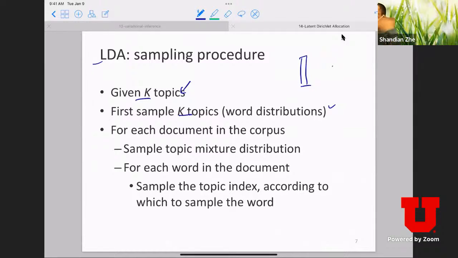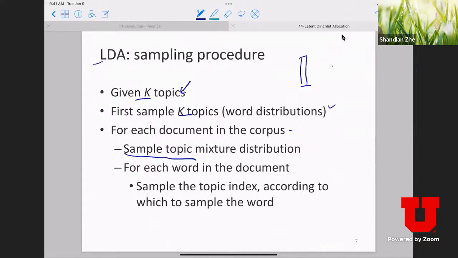Then, given these word distributions, it's going to sample each document. How do we sample that? For each document, we first sample the topic mixture distribution.